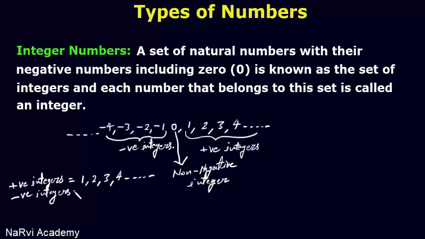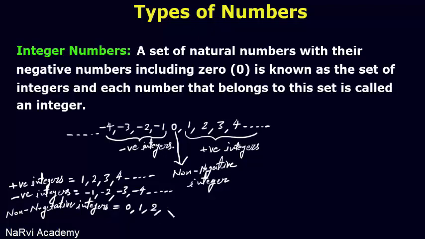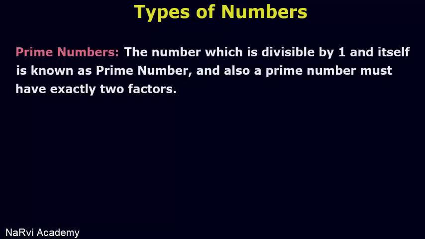Negative integers are -1, -2, -3, -4, and so on. Non-negative integers are 0, 1, 2, 3, 4, and so on. So if you include 0 with the positive integers, it becomes non-negative integers. Let's move on to another type of number.